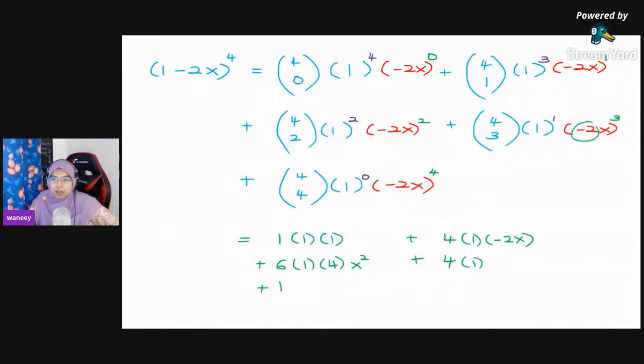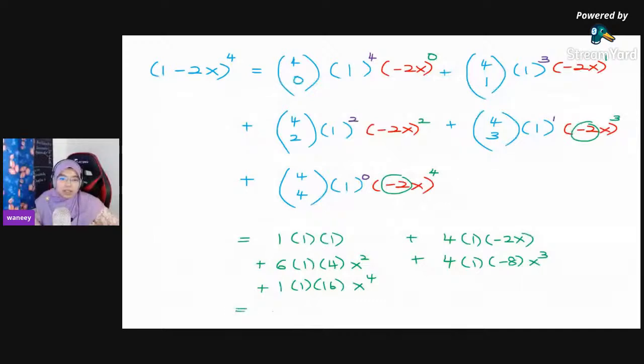Negative 2, we cube them first, so it will be negative 8, and then, of course, x cubed. 1 to the power of 0 is simply 1. Negative 2 to the power of 4, that is simply 16, and of course, x to the power of 4. So now we can actually simplify everything.